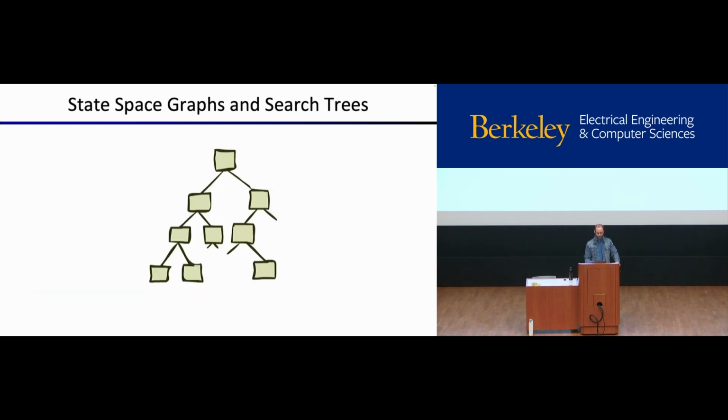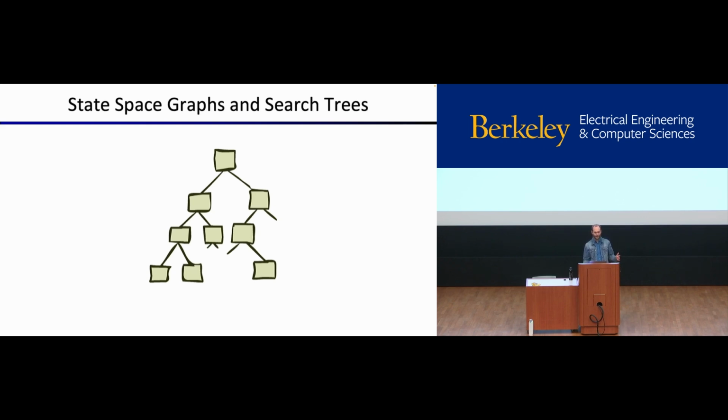Okay, so now when I showed you the map of Romania, that was a graph of the state space with edges corresponding to your actions. And now we're going to talk about a different kind of graph, which is a search tree, very related. The nodes are still states you can enter.